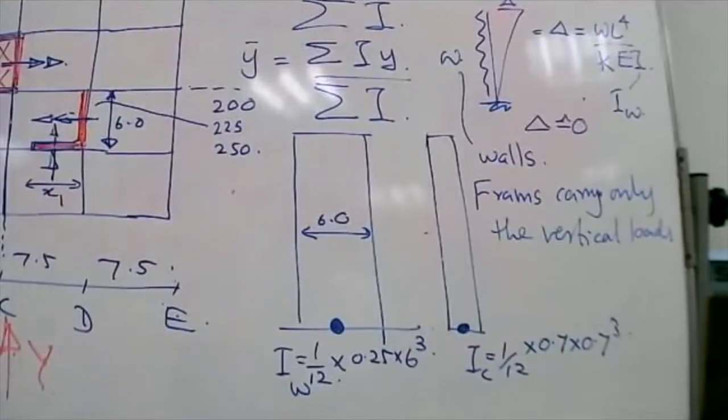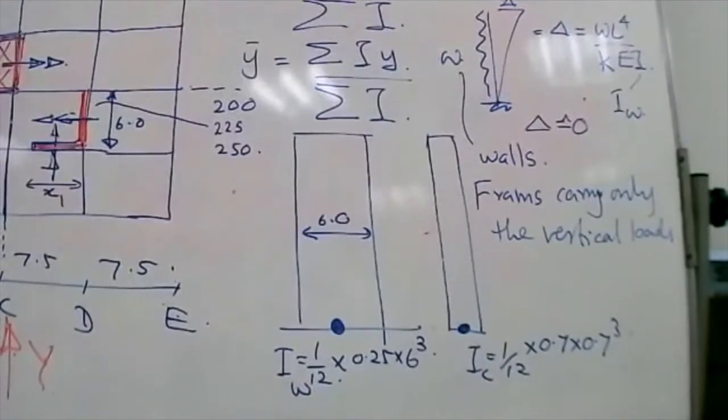Now we have simplified the design to a great extent. Because now all the vertical loads will be carried by the frames. Basically, slabs will transfer the loads onto the beams and beams will transfer the loads onto the columns. So frames are carrying the vertical loads.